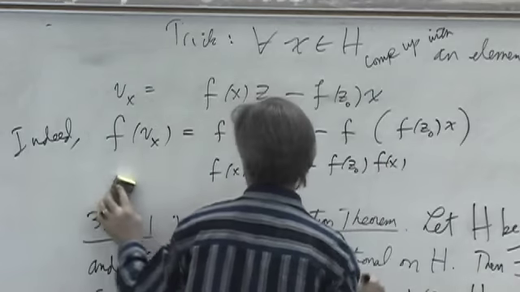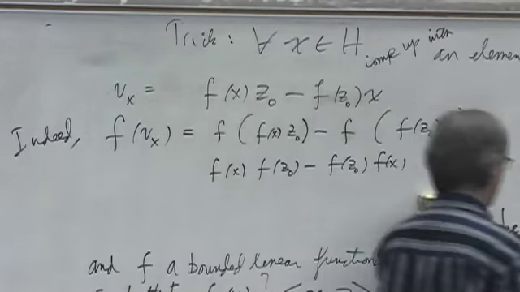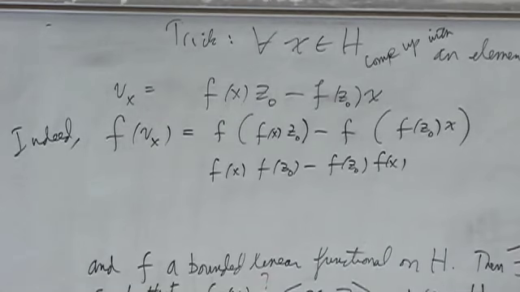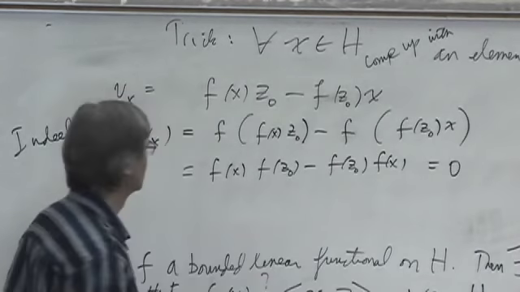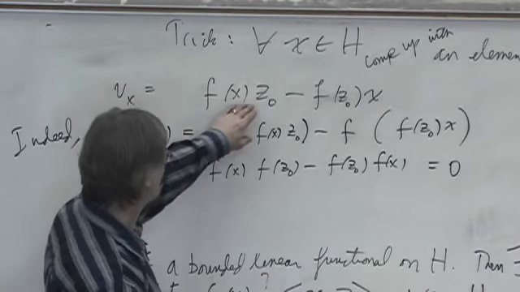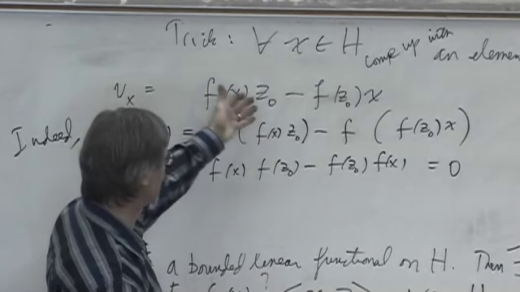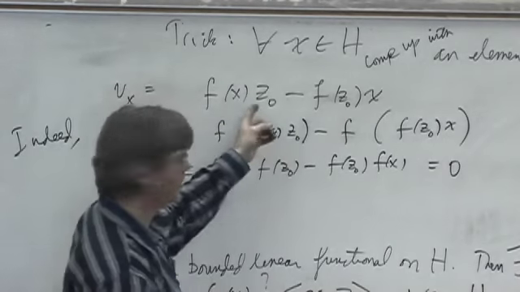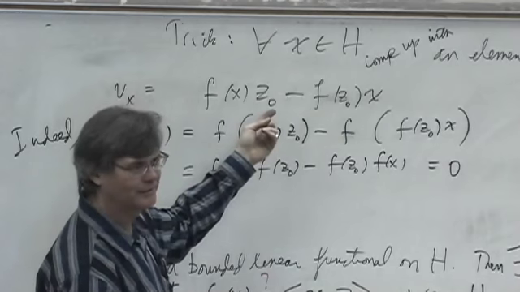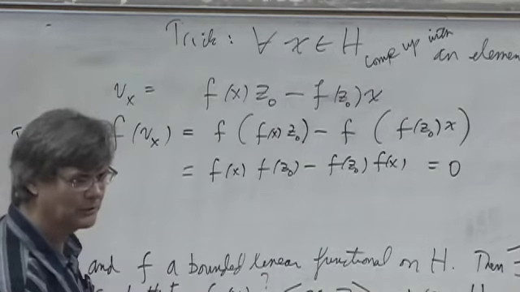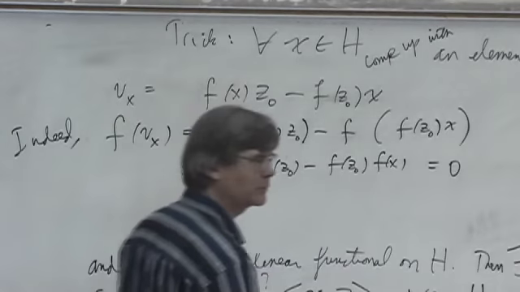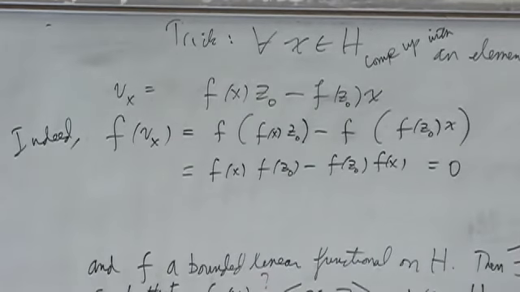Using linearity, I just pull out the constants. Since the complex numbers are commutative under multiplication, that gives me 0. So I do have a vector, and it's non-zero: take just anything x which is not parallel to z naught, then this is a non-zero vector. I have a bunch of non-zero vectors, so I've identified a lot of things in the null space.